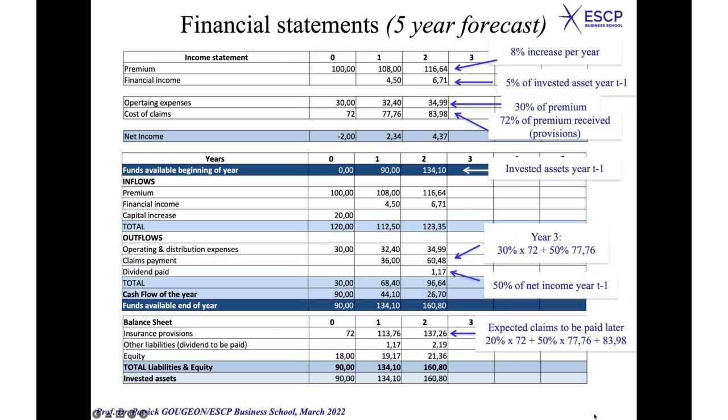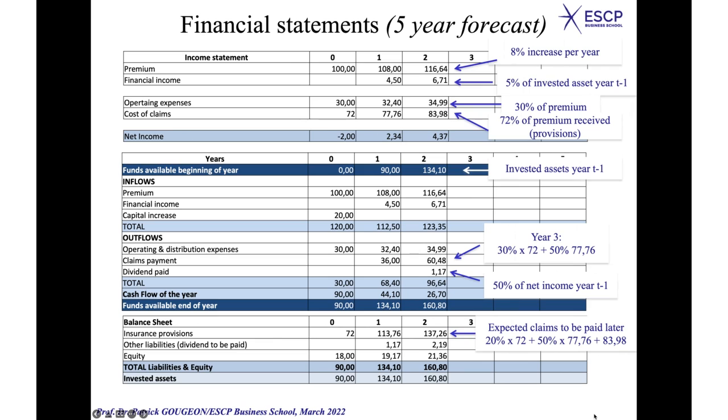What about the balance sheet? What do you have here in column 2? 137.26. These are the claims to be paid later. So you have to look at what remains to be paid. What remains to be paid is, first of all, 20% of the losses, which corresponds to the first year of activity.